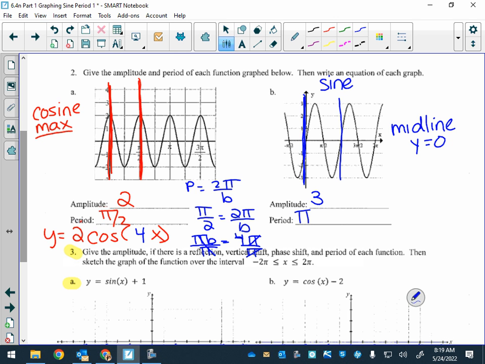Use that information to create your equation. Go ahead.